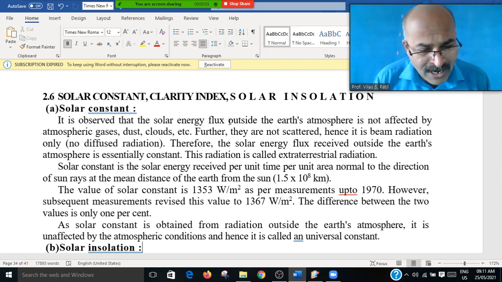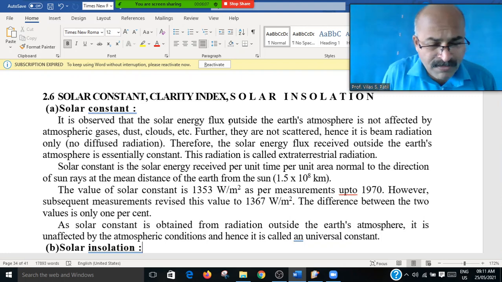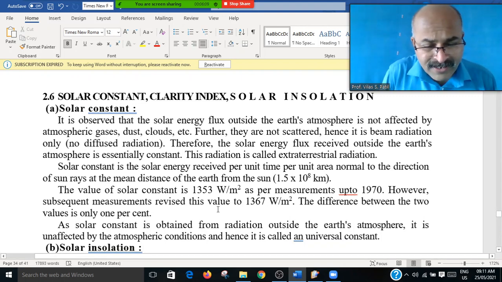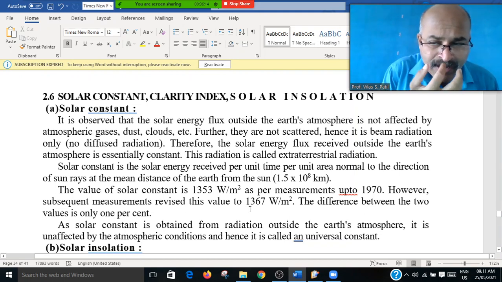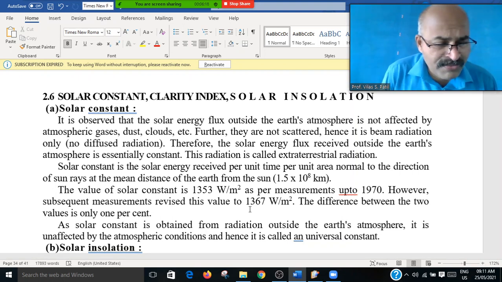The value of the solar constant is 1353 watt per meter square as per measurements up to 1970. However, subsequent measurements revised this value to 1367 watt per meter square. The difference between the two values is 1%.